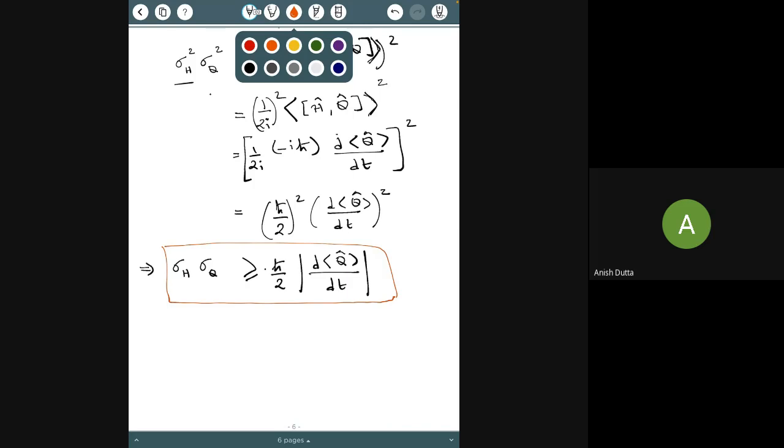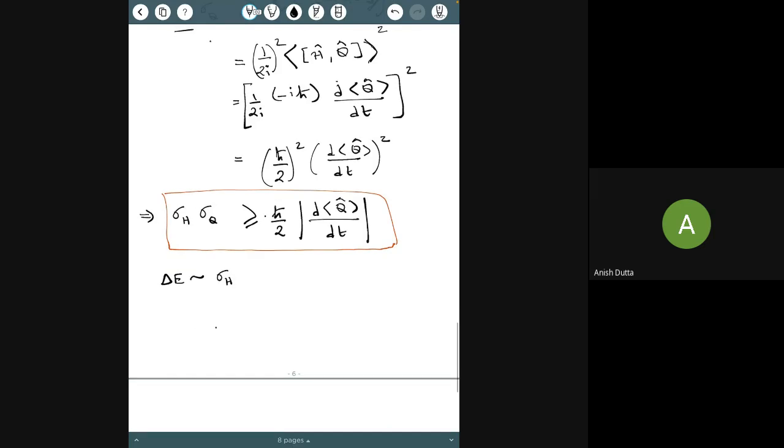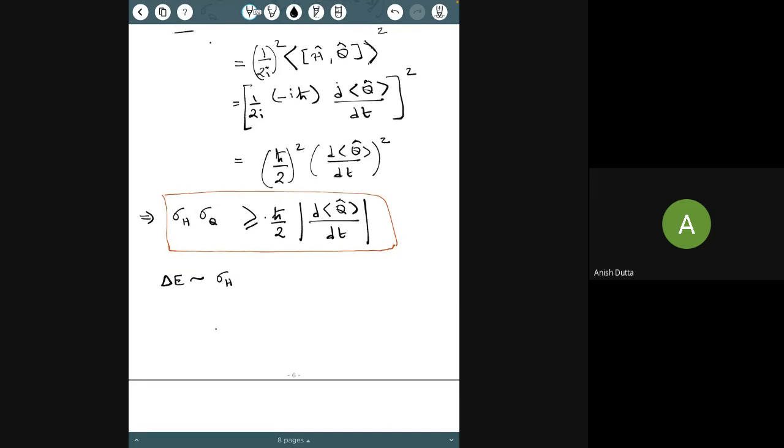Okay. So sigma h is basically related to the uncertainty in energy. That is fine. But what about delta t?